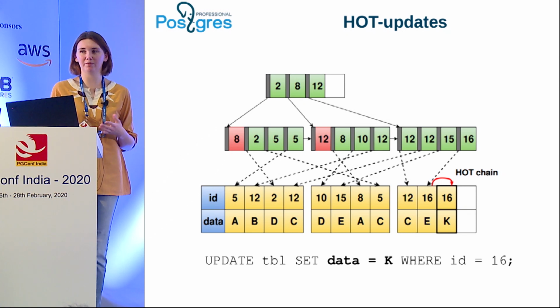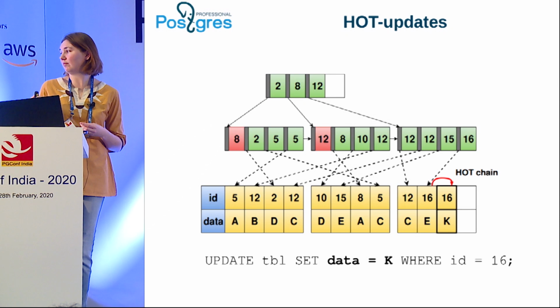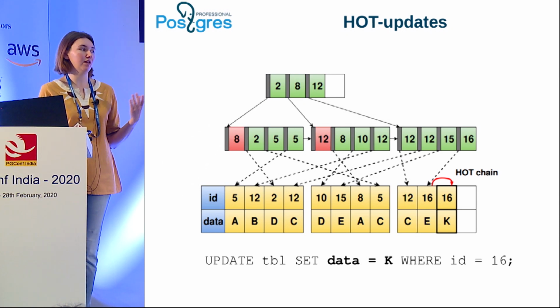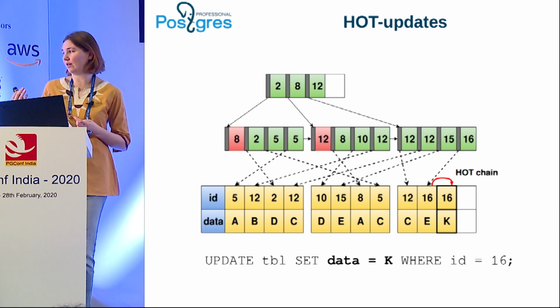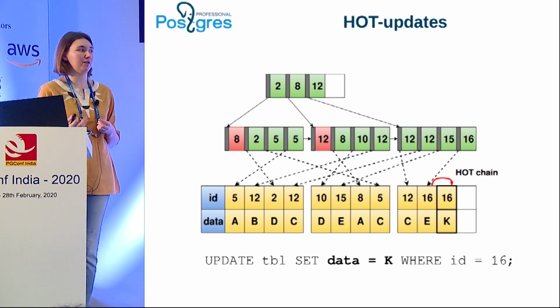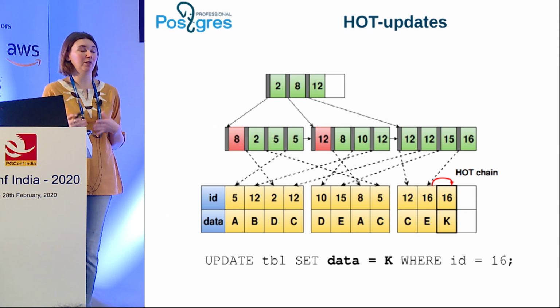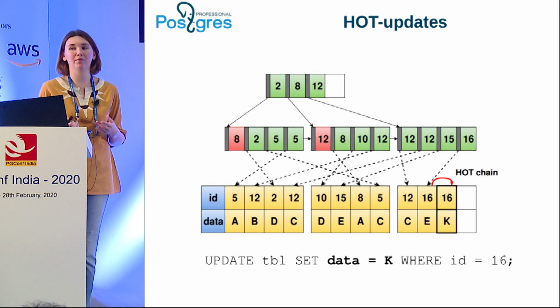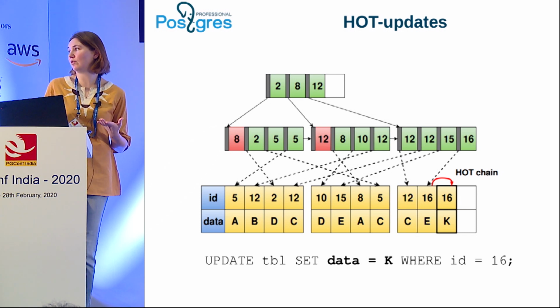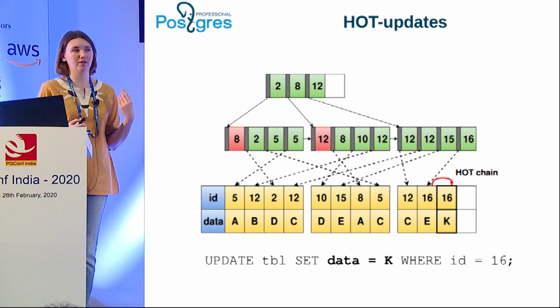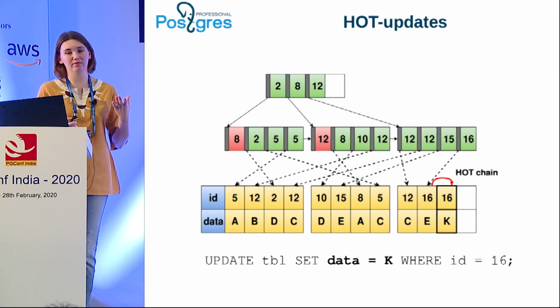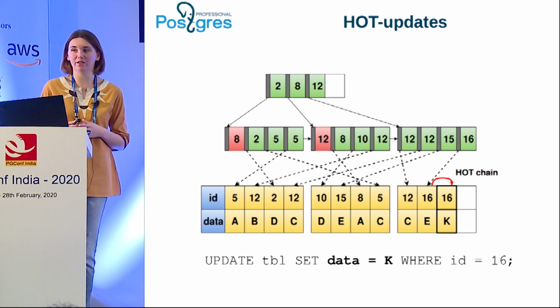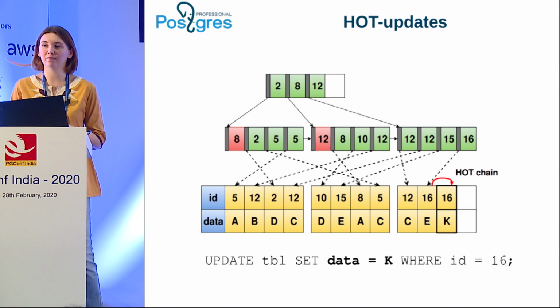But if it's still visible to some transactions, like some transactions can still see this tuple 16e, and some transactions will see the updated tuple 16k, when it's no longer visible to any transaction, it will be deleted by vacuum. So it's also somewhat of an optimization because vacuum does not need to update the index with those HOT chains. It just updates the table. All right.